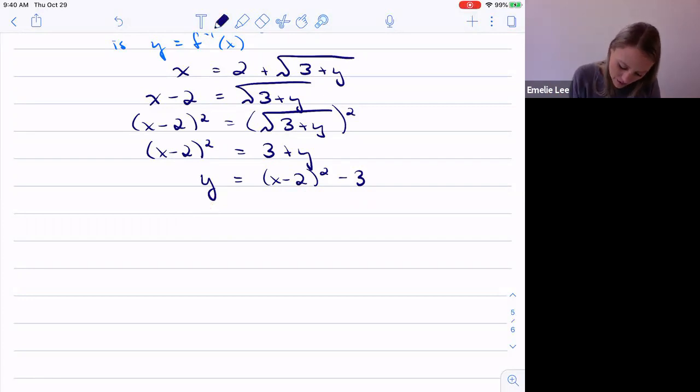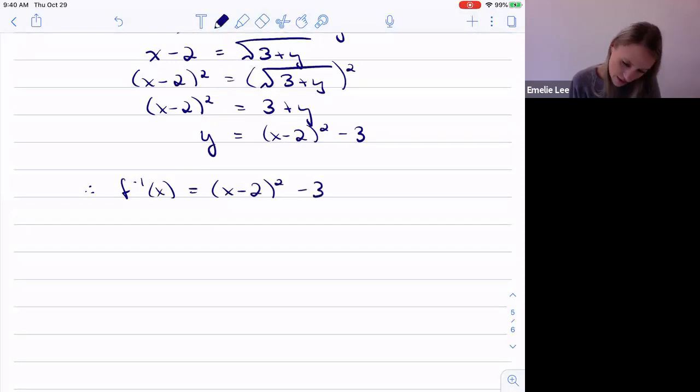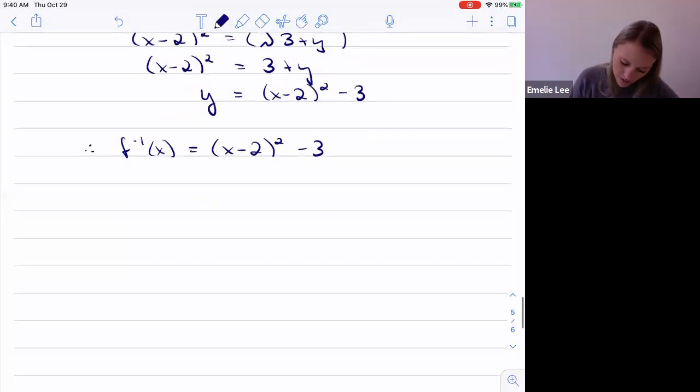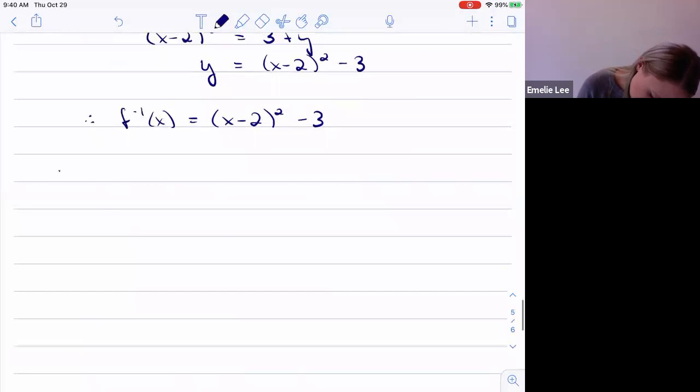So therefore, f inverse of x is (x minus 2) squared minus 3. So now we have the inverse, and now we're going to make sure that this is the inverse by using the cancellation properties.